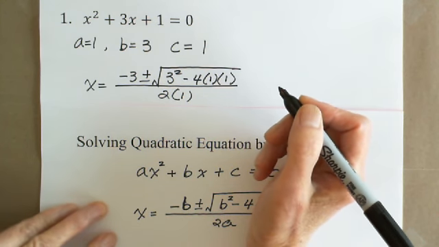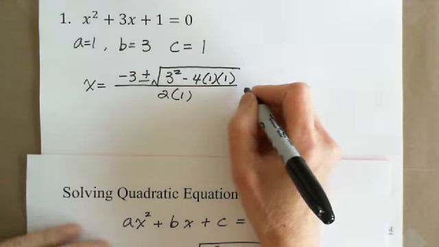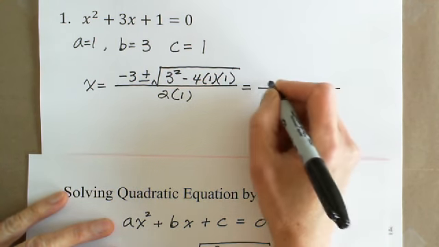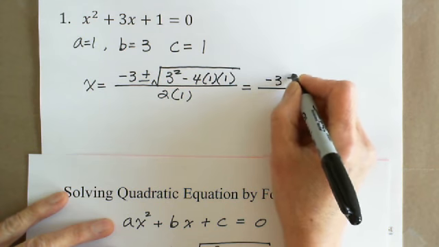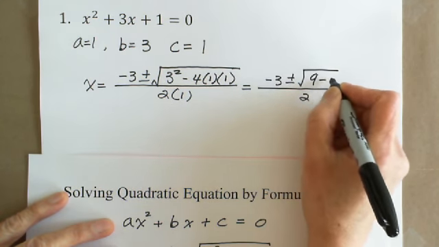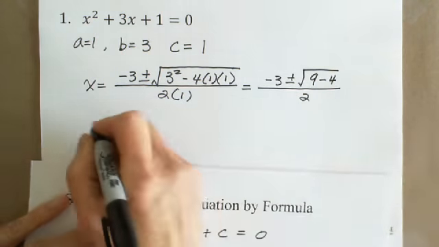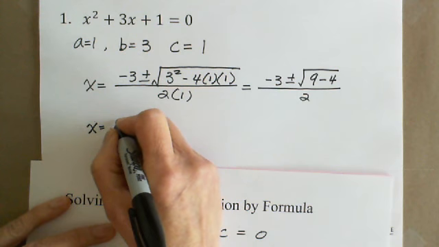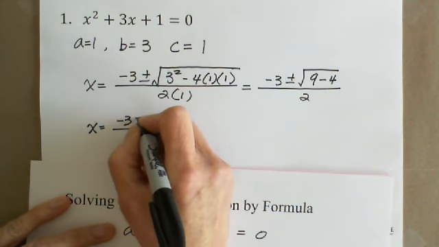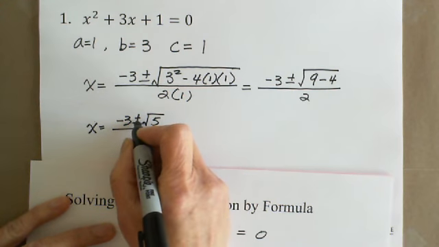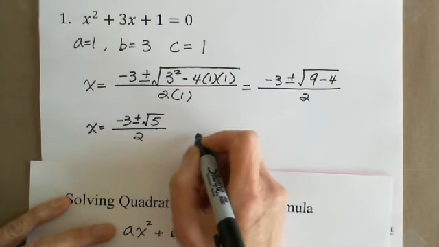So then we simplify. We got 2 on the bottom, negative 3 plus minus square root of 9 minus 4. So we have x equals 2 on the bottom, negative 3 plus minus square root of 5. So plus minus will give us two answers.